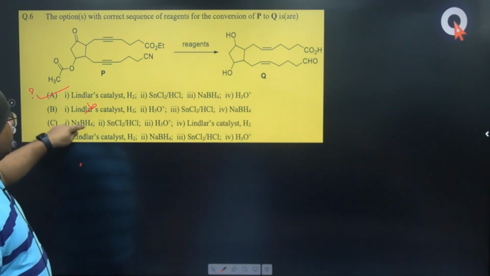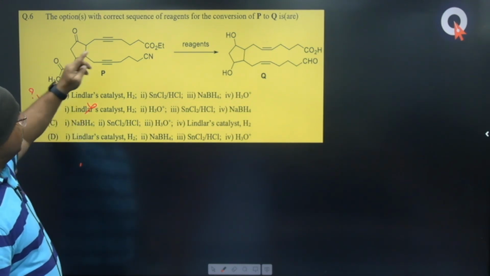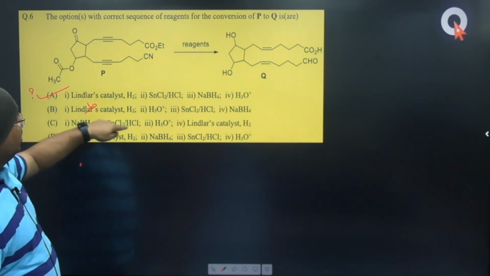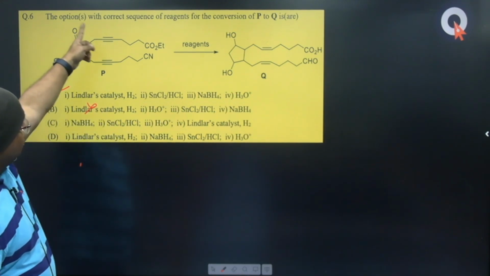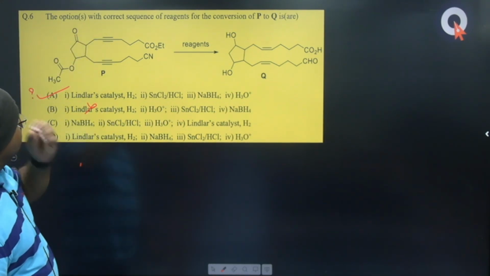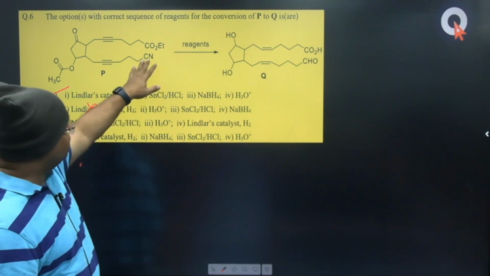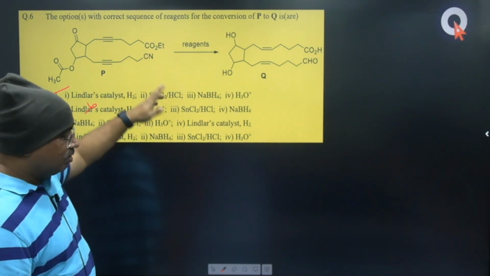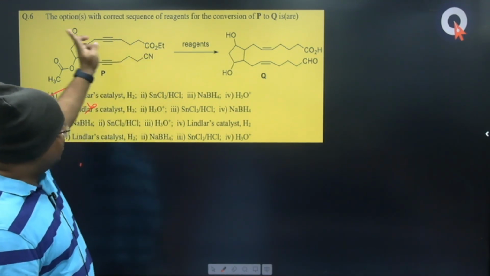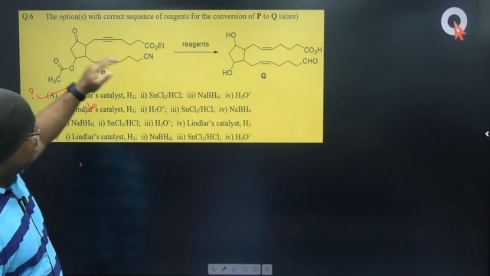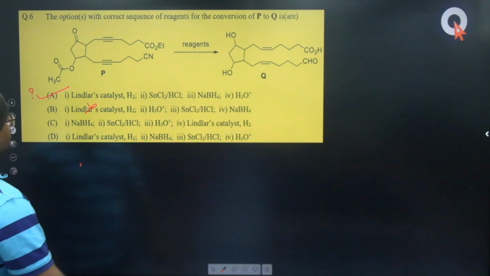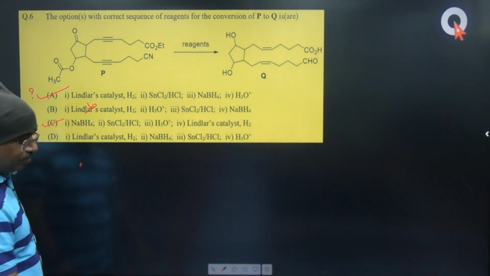Then sodium borohydride, okay, nitriles will form. SnCl2, sorry, this will convert into alcohol. Nitriles also cannot be. SnCl2 and HCl, this is into nitrile, hydrolysis, aldehyde, acid and acid, alcohol. Lindlar's catalyst will be done. So this can be done, okay, no problem.